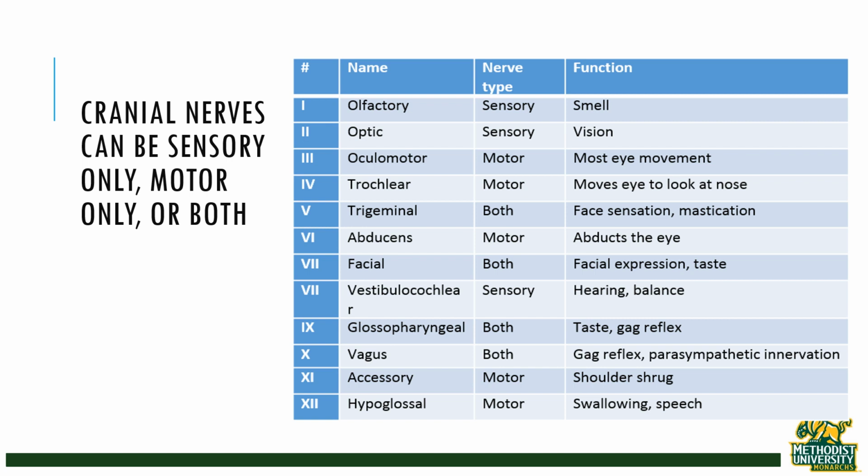From the sensory perspective, it is the nerve that provides sensation to the face and to the cornea. It also has motor neurons that send efferent signals to the muscles of mastication, so the chewing muscles.